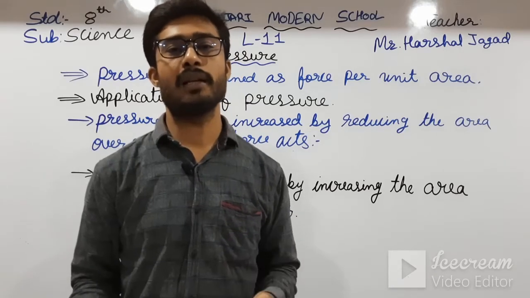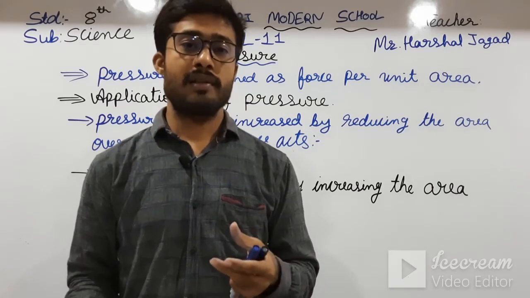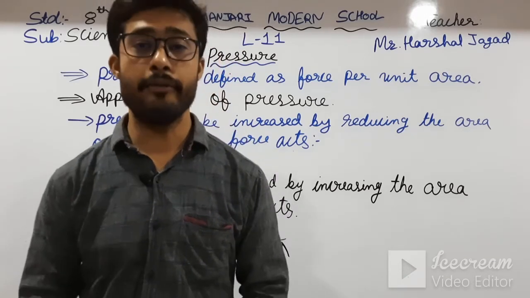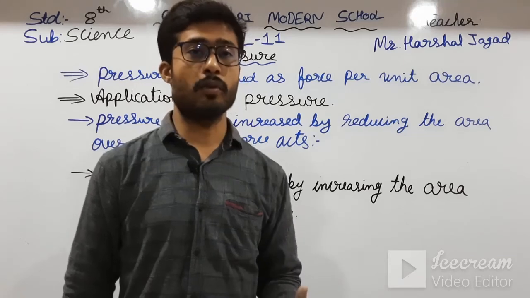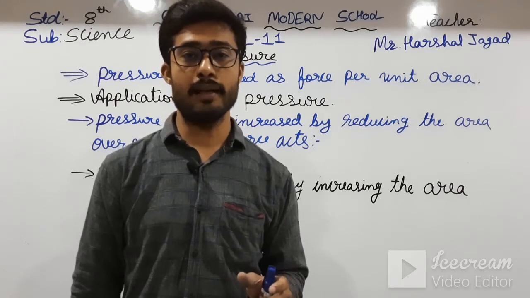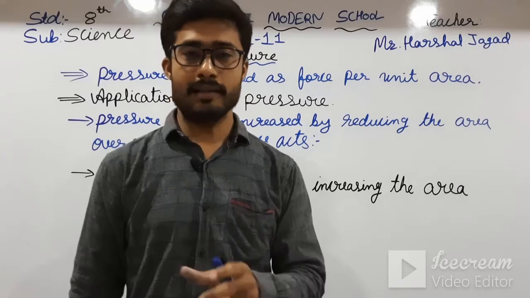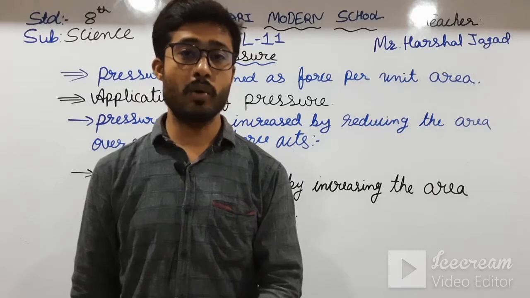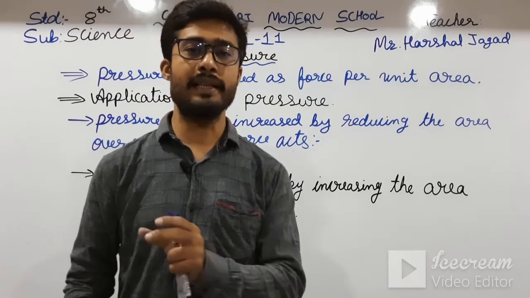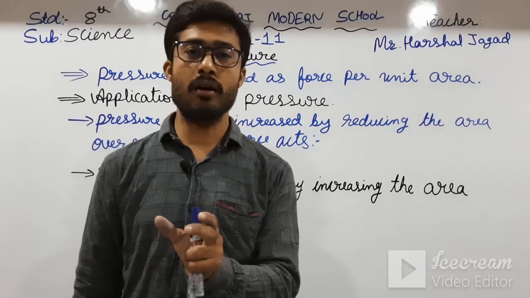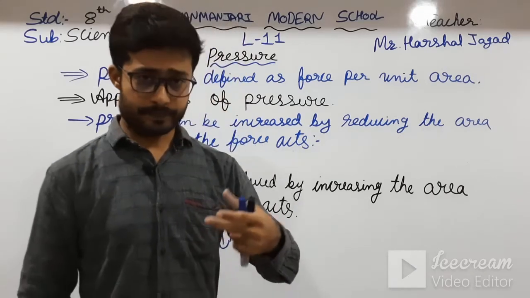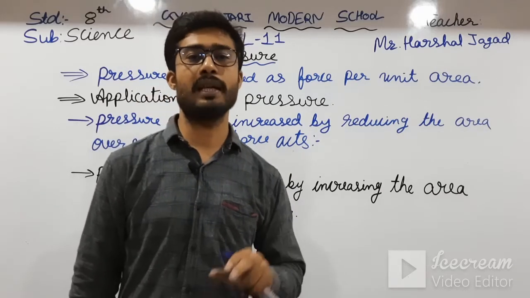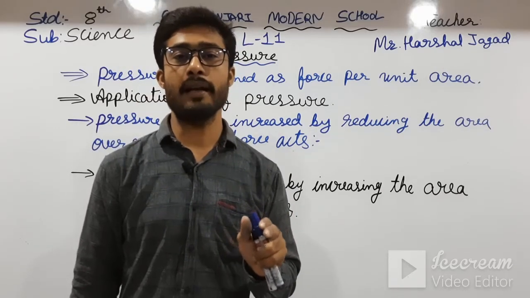Trucks and buses are very heavy, so if the tires are narrow, then the pressure on the road is high. So what they do, they increase the number of tires and the width of the tire, so that the pressure value decreases on the road and the road does not get damaged.